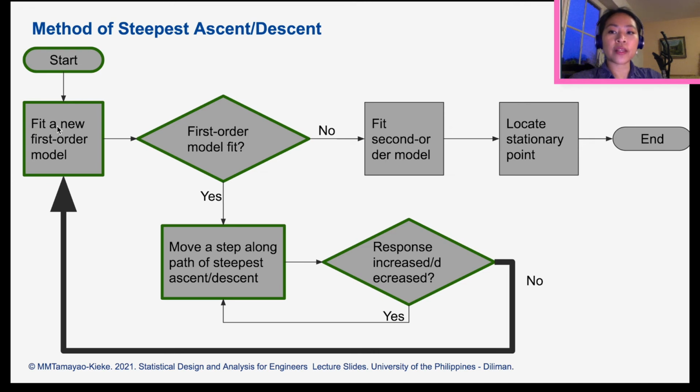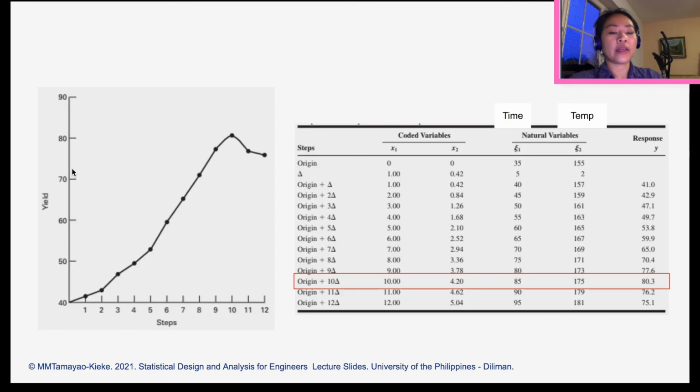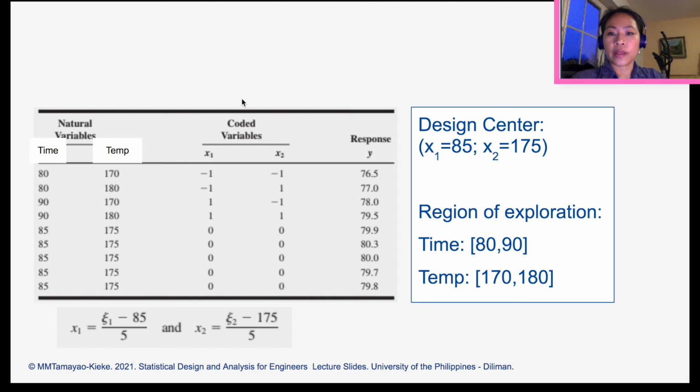So now we fit a new first order model. Our new base is at 85 minutes and 175 degrees Fahrenheit, so that is now the new design center. X1 is equal to 85, X2 is equal to 175.